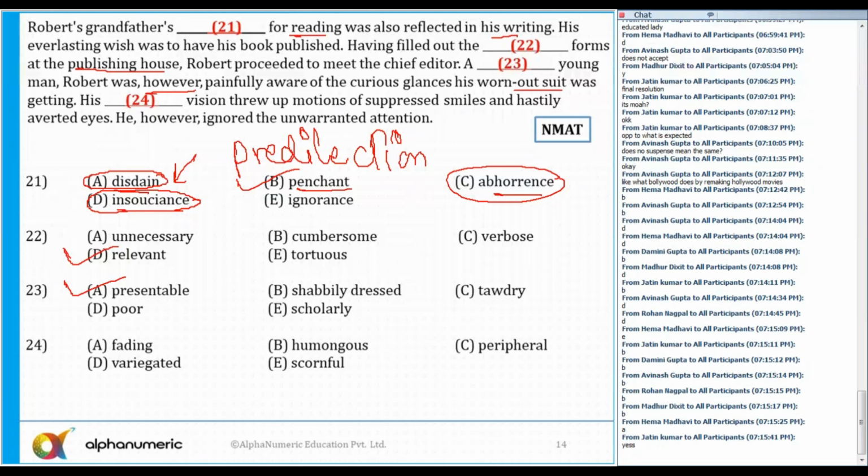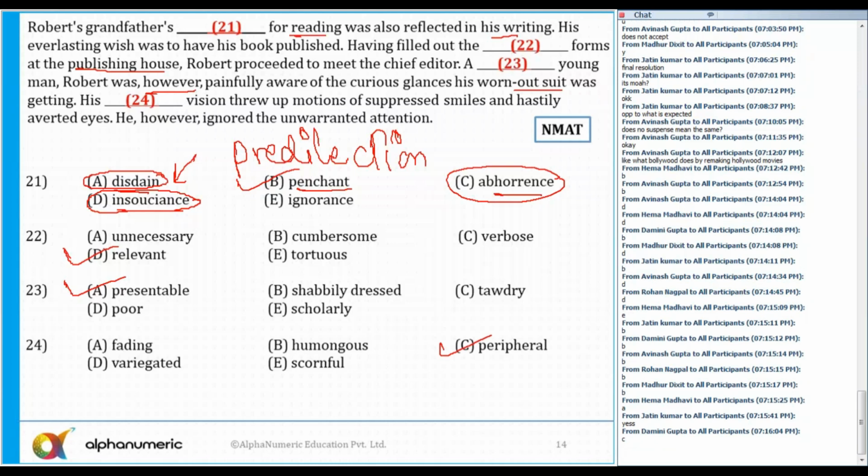His dash vision threw up motions of suppressed smiles and hastily averted eyes. When he looked from his peripheral vision, peripheral means he did not look directly sideways. You can see on your right side and left side.